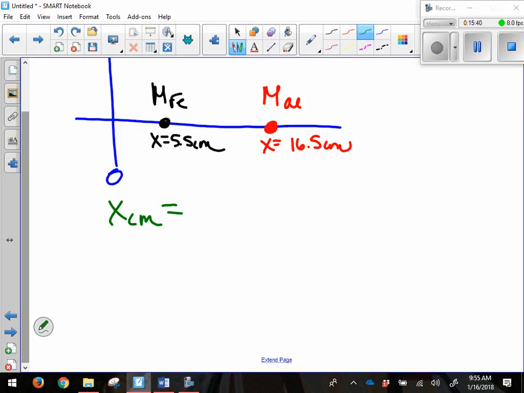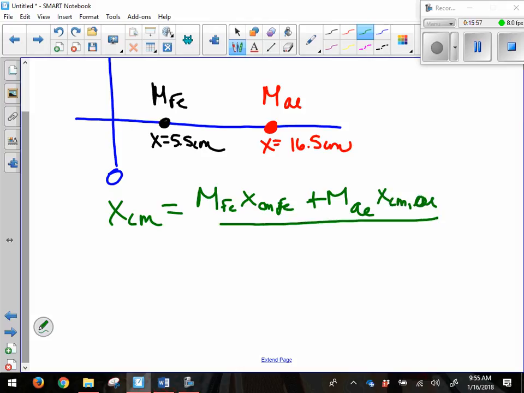I don't just add their x values. Their x values have to be weighted by something. Yeah. So it's M iron, x center of mass iron, plus M aluminum times x center of mass aluminum, all over the sum of the masses. Remember, we talked about how those x values are weighted by what the mass was, and that the center of mass would always be closer to the most massive object.